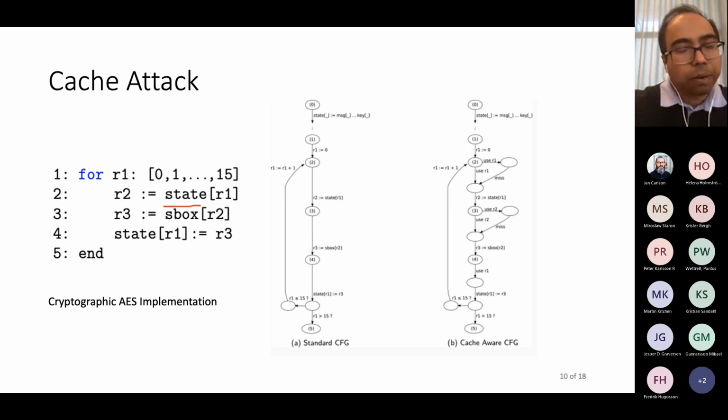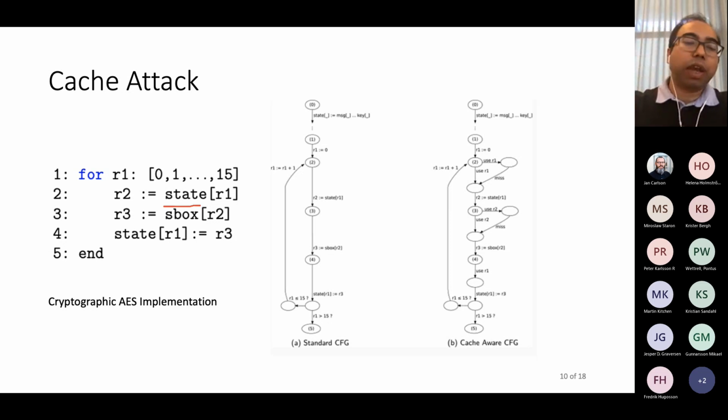In this attack model, an attacker can observe the cache, for example. Since SBox spans over multiple memory blocks, the value of R2 in one iteration decides whether the read of R3 should be from cache or from memory in another iteration.